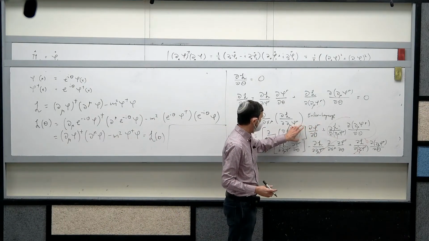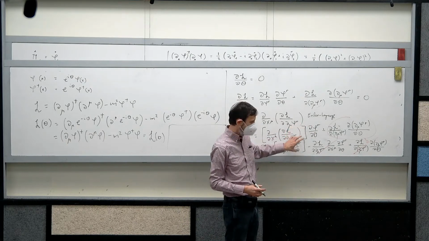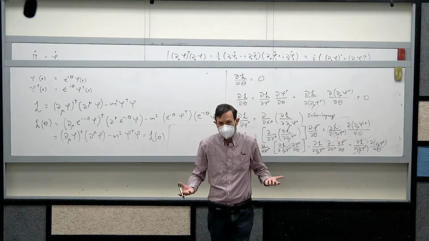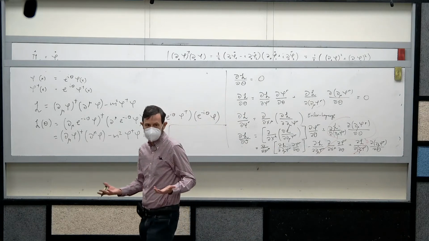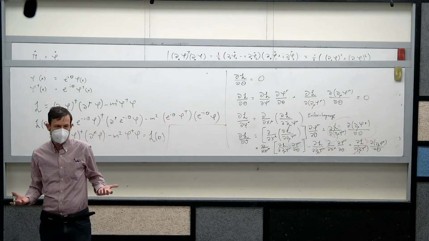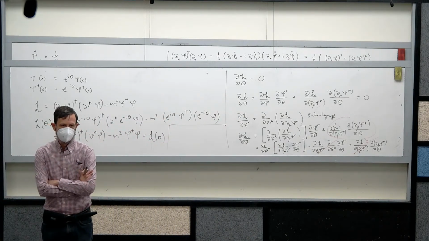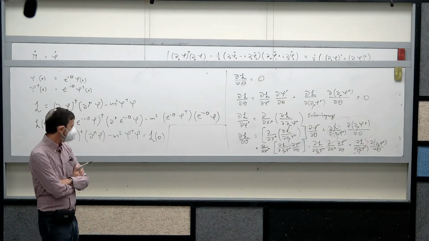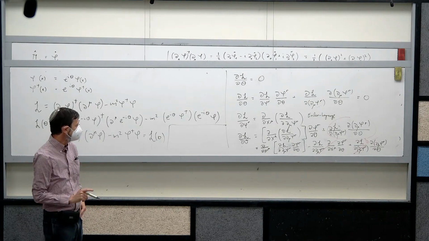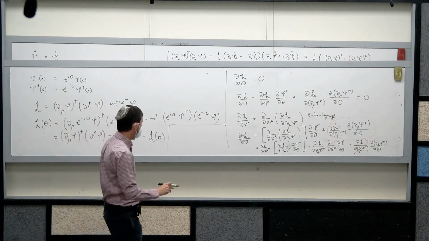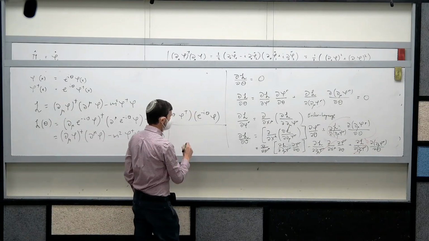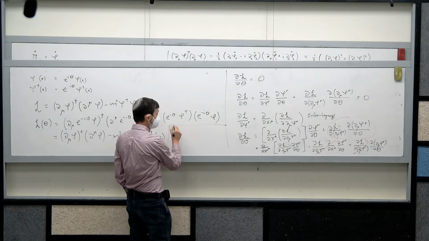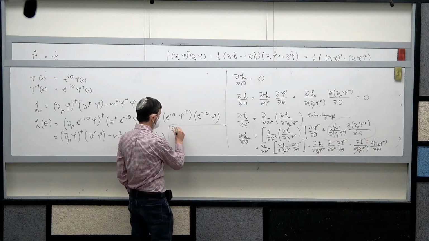I just pull this term inside into the derivative and subtract the additional term that I get because of it. That's all. So I'll write it here. I'm just copying, not doing anything.